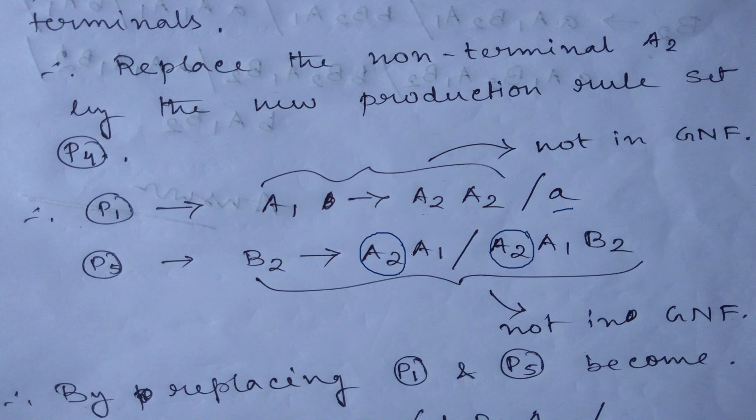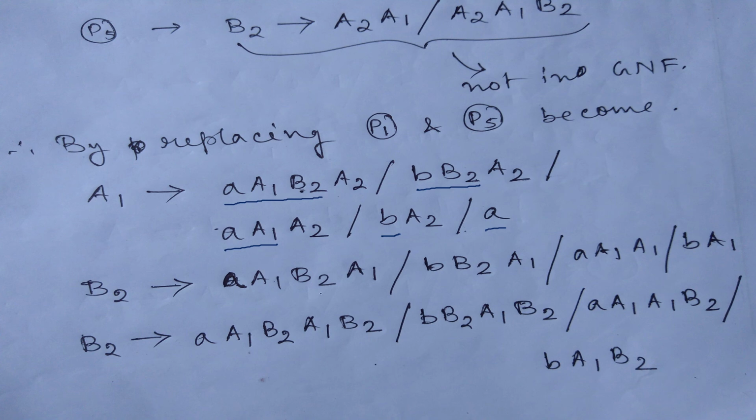So 4 options for this case, 4 options for this case. The total number of options will now become 8, right? It should be. That's why you see it becomes 8: A A1 B2, B B2, A A1, and B. Similarly, A1 B2 for the second choice.